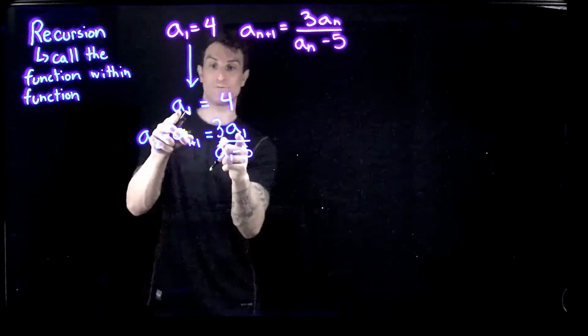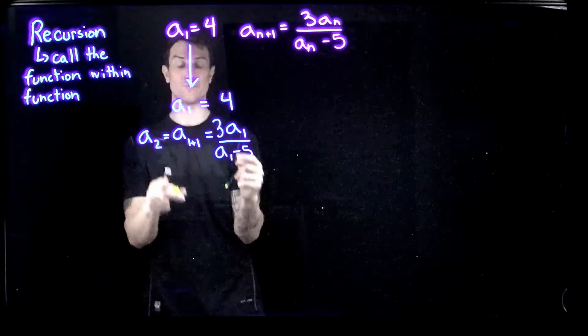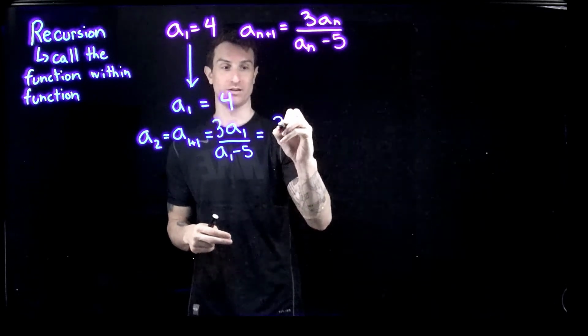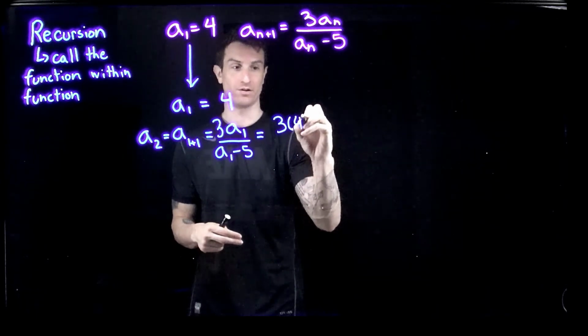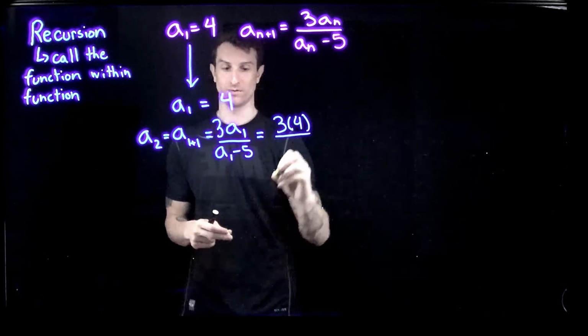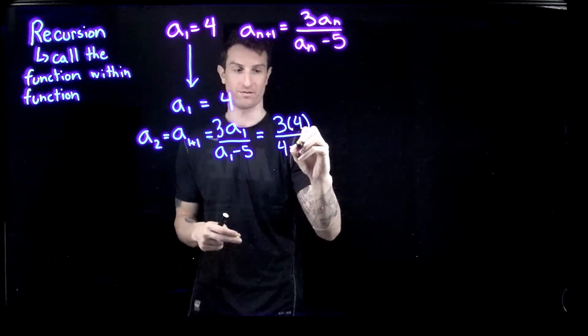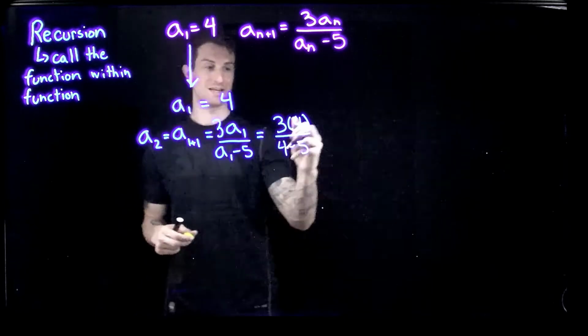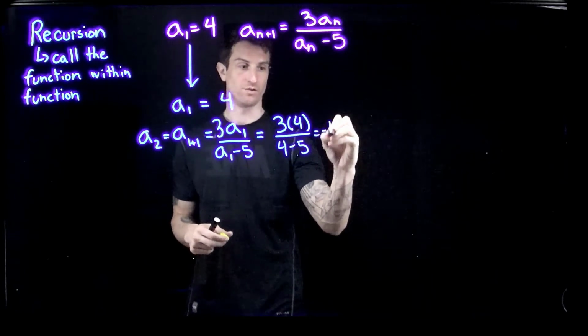And I already have what a sub 1 is, so I'm calling back to the previous iteration and saying, well, 3 times a sub 1 is 3 times 4, all over 4 minus 5. So we have 12 divided by negative 1, or negative 12.